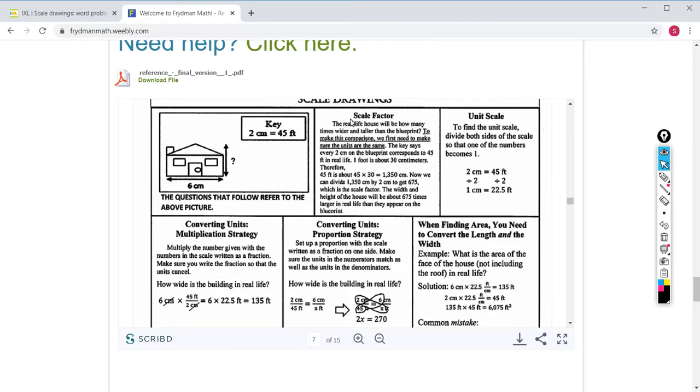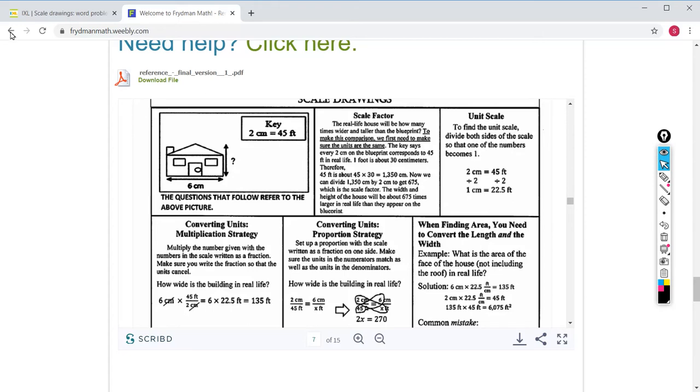Over here we have scale factor, unit scale, converting units, the multiplication strategy, converting units, the proportion strategy, and then a little bit of explanation of when finding area, you need to convert the length and the width. We're not going to be using this one for this exercise.